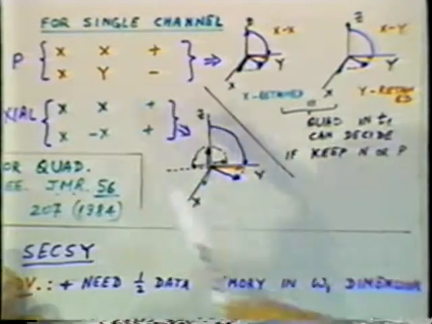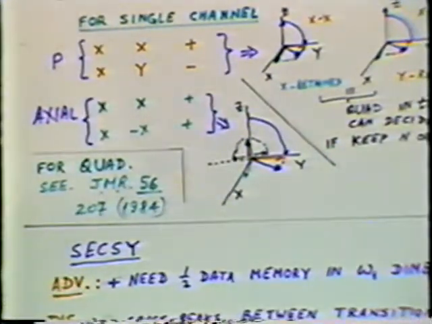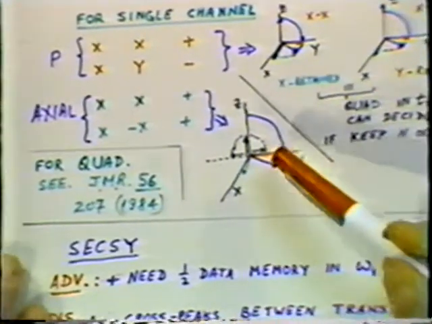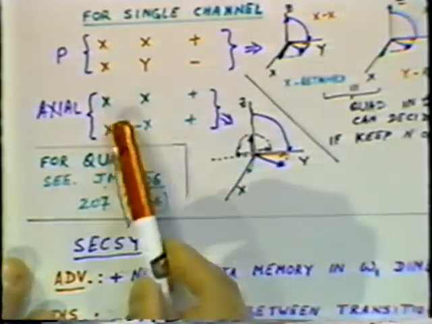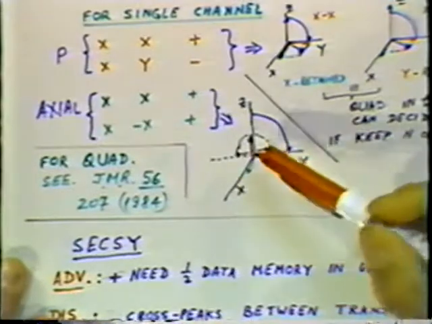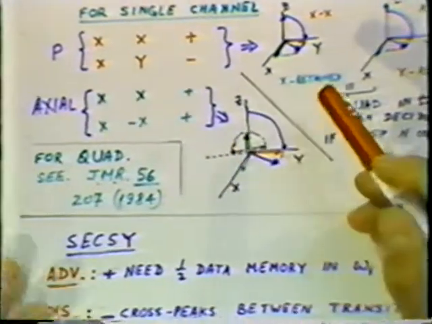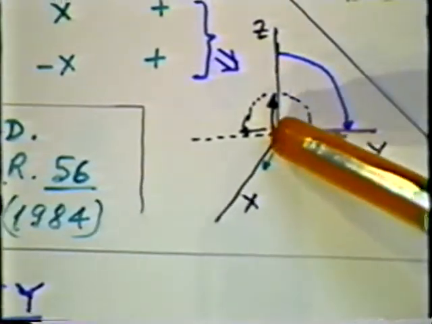The axial magnetization, the magnetization that grows during T1 along the z-axis, also would come in, and that is removed by the following pulse phase cycling. We do experiment x plus. After this first x pulse, the magnetization grows along the z direction.